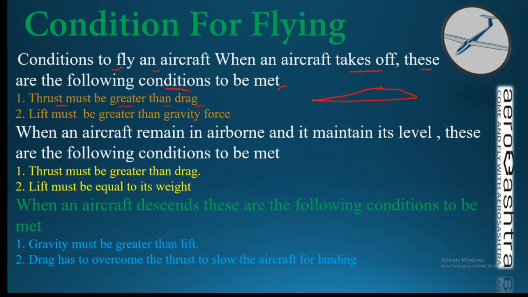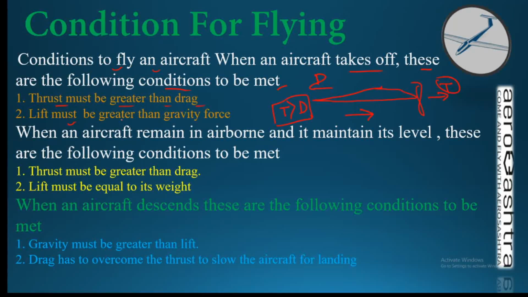See, this is your aircraft and this is your propeller. So, thrust, and in this direction drag. So, T must be greater than D. This is your first condition, so that this aircraft will move forward.